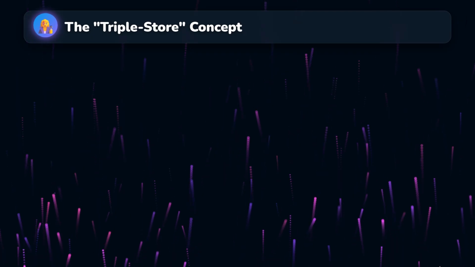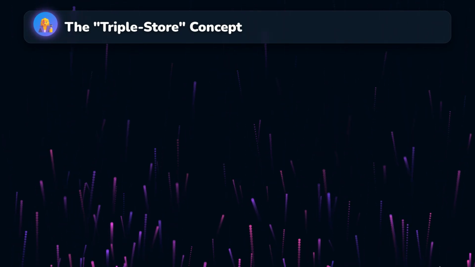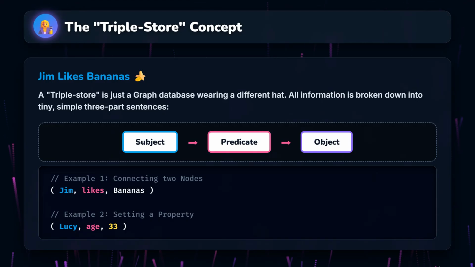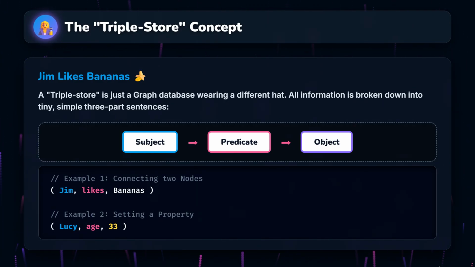Alright, let us shift gears and talk about something called a triple store. A triple store sounds incredibly complicated and fancy, but it is actually wonderfully simple. A triple store is literally just a graph database wearing a different hat.